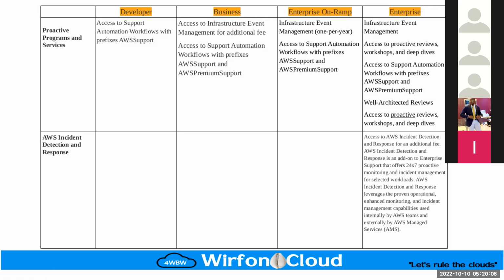So when you talk about infrastructure event management, it's like AWS offering you some kind of architecture and scaling guidelines to help you support your business. Take, for example, the Black Friday business. On Black Friday in the US, a lot of people go shopping online.